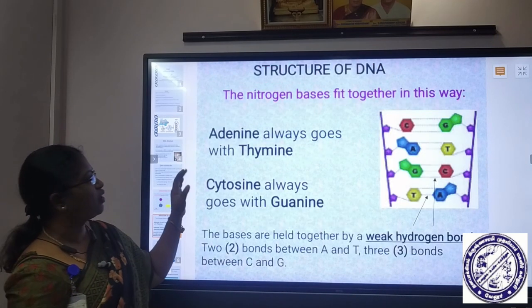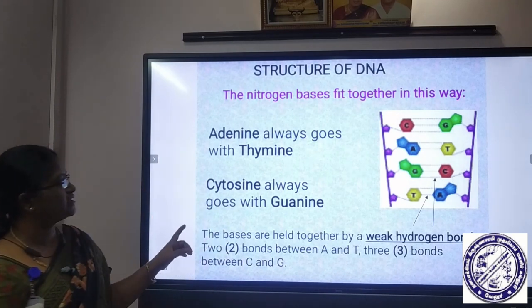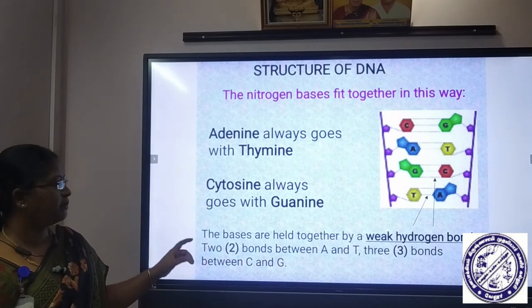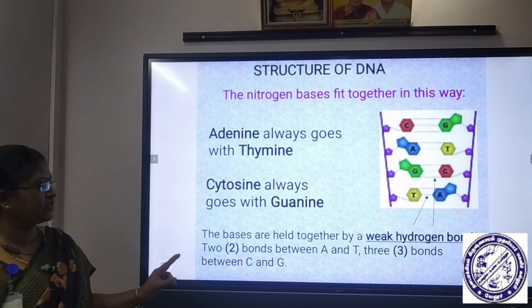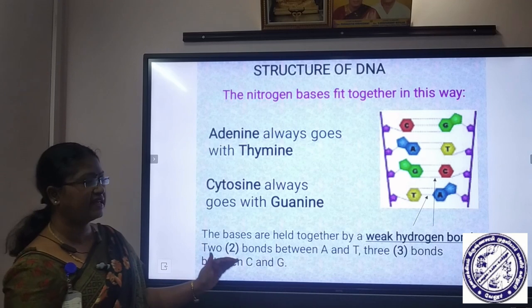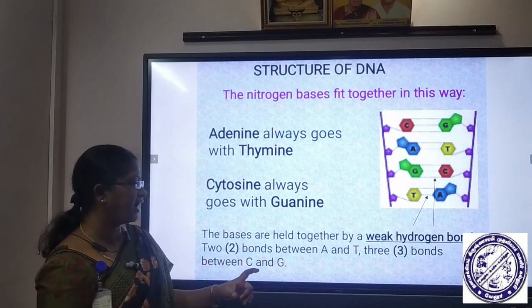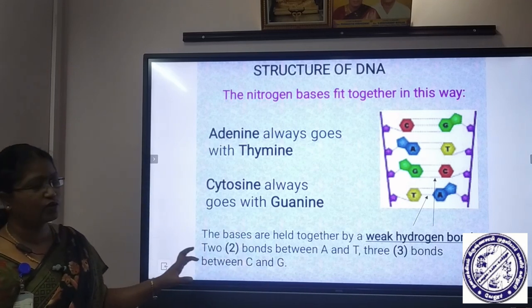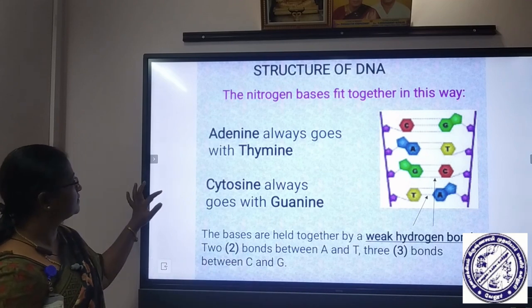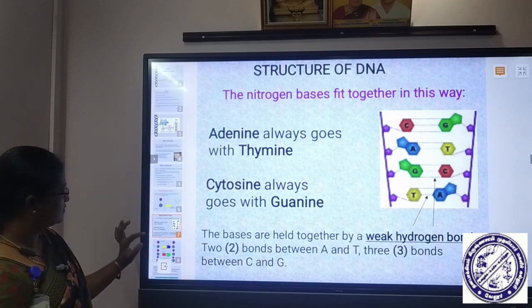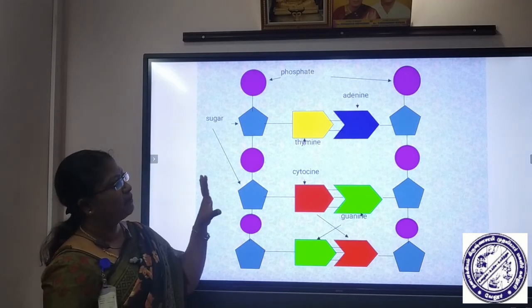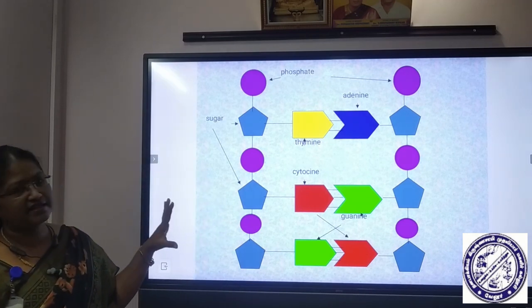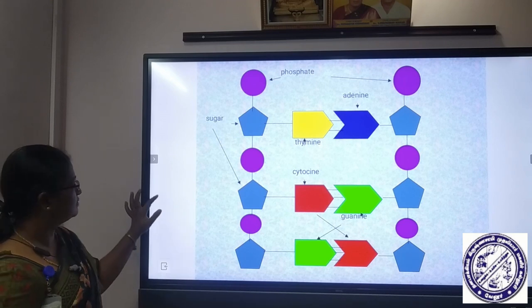Adenine always goes with thymine, and cytosine always goes with guanine. The bases are held together by weak hydrogen bonds. Two hydrogen bonds are there between A and T, that is adenine and thymine. Three hydrogen bonds are there between cytosine and guanine. So the structure shows how the nucleotides are arranged in a DNA structure.